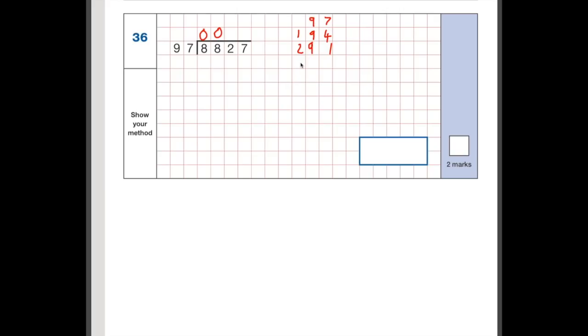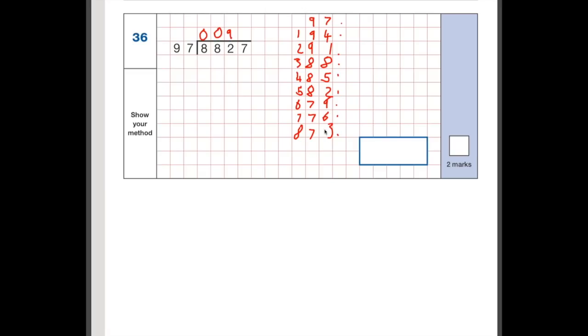Add another 97, which is 388, 485, 582, 679, 776, and 873. So we have 1, 2, 3, 4, 5, 6, 7, 8, 9 97s in 882.